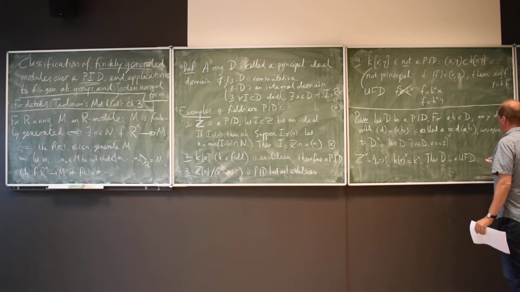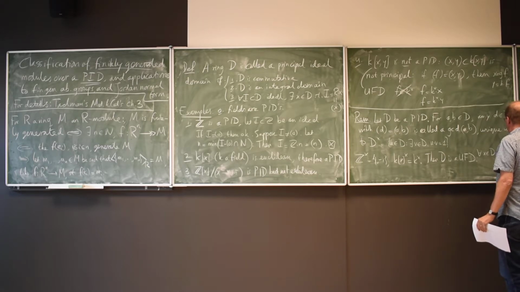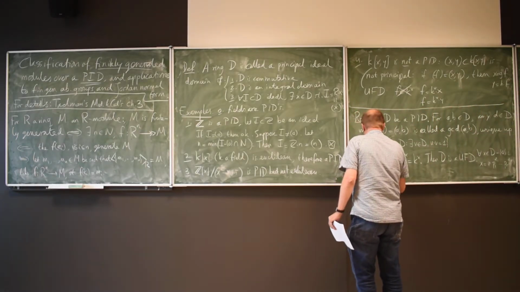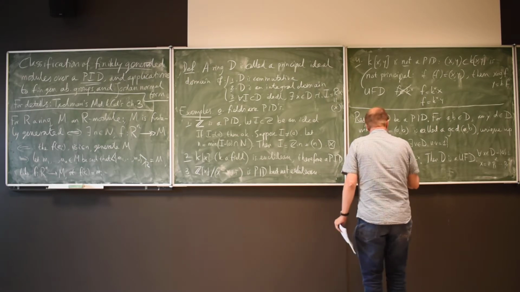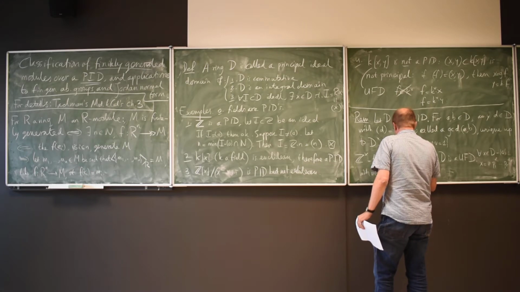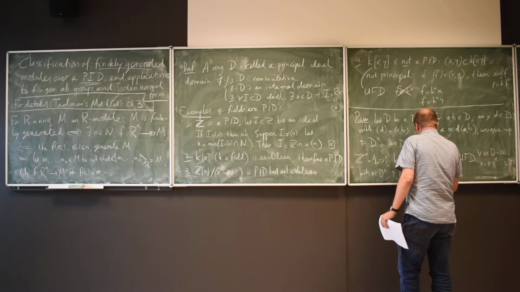So for every x in D with 0 left out, x is a unit times p1 to the e1 up to pr to the er, with u in the units. The pi are prime elements, and distinct, to make it unique.